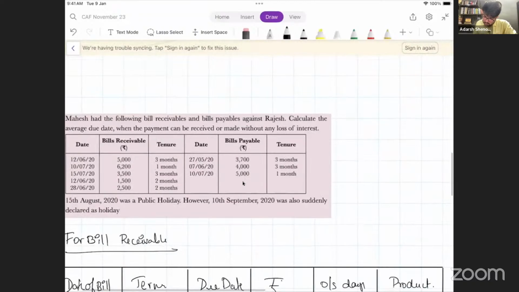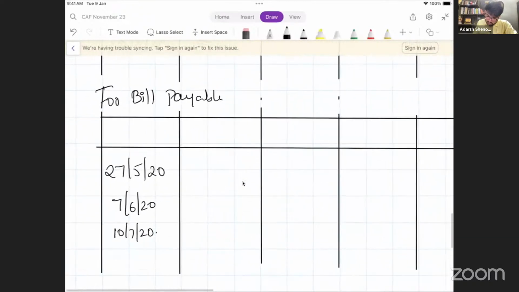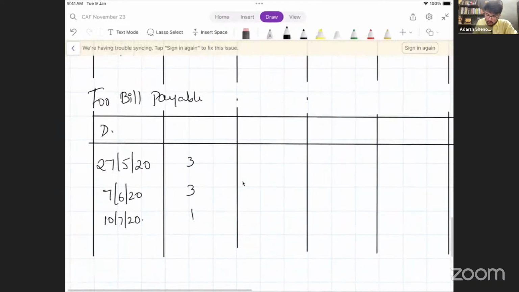Terms are 3, 3, 1. Okay. Now calculate the due dates.